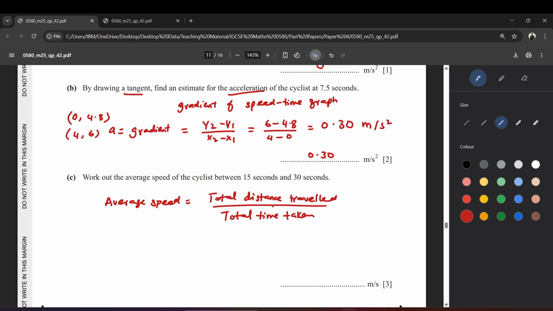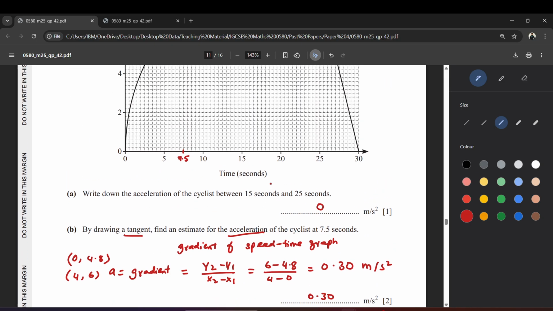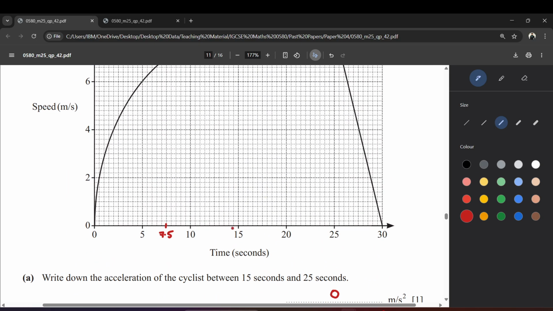In order to find the average speed, we need to first find out how much distance was traveled between 15 and 30 seconds. So let's look at the graph. So this is 15 seconds and this is 30 seconds.